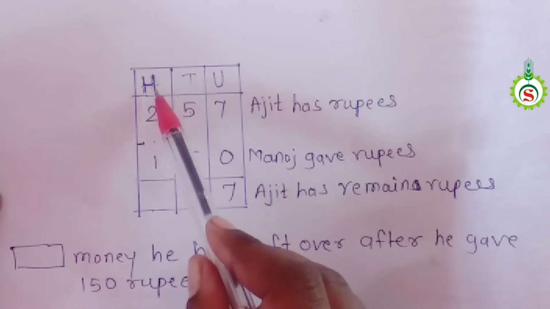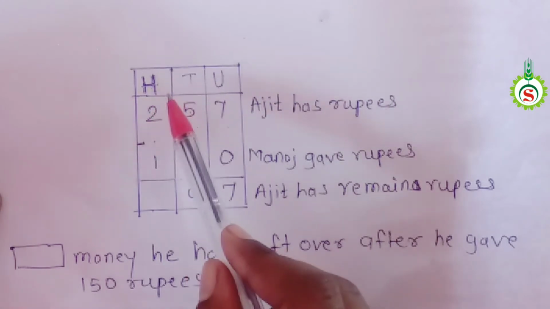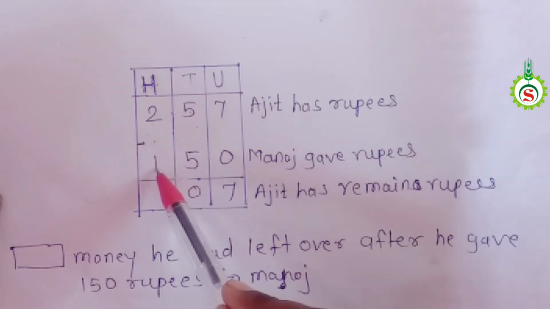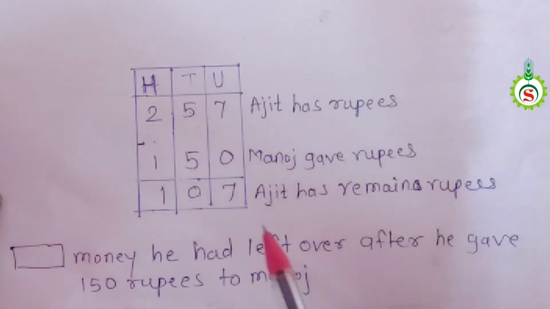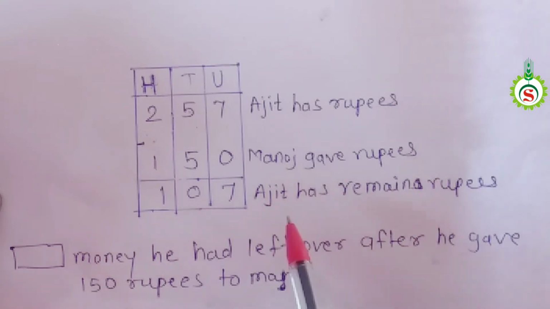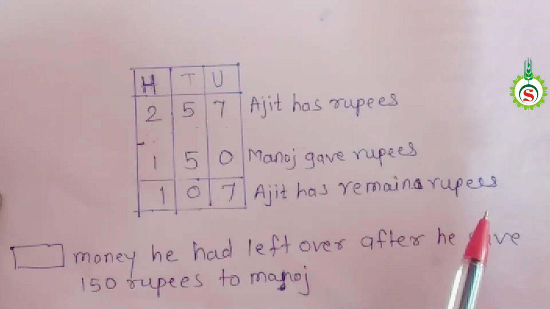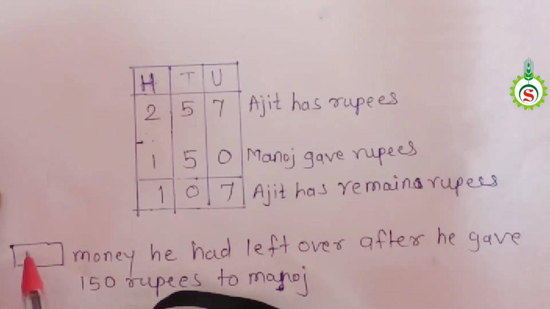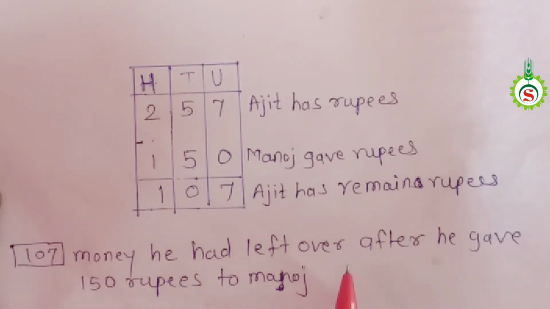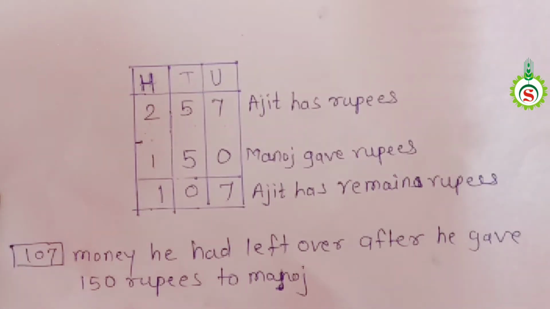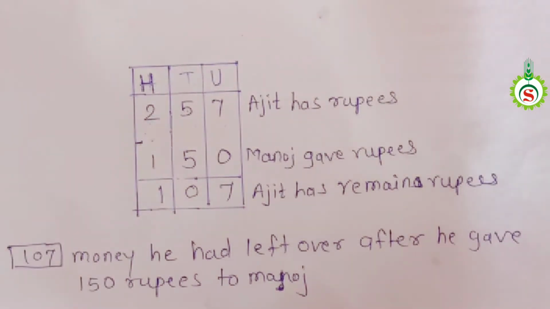Again, you see the hundreds column. 2 minus 1 means 200 minus 100, 100. So 107 rupees remain with Ajit. See here, he had 107 rupees left over after he gave 150 rupees to Manoj. So students, see the next example.